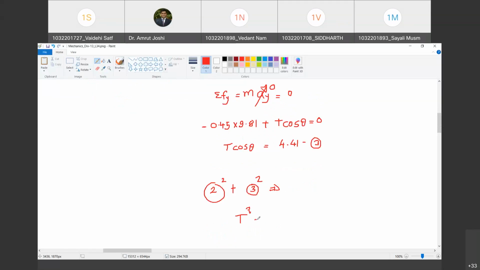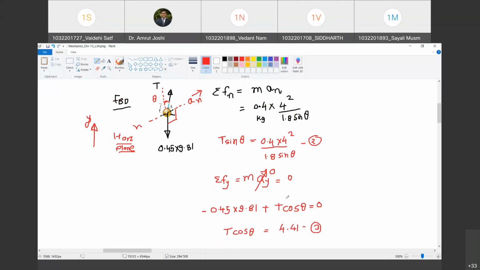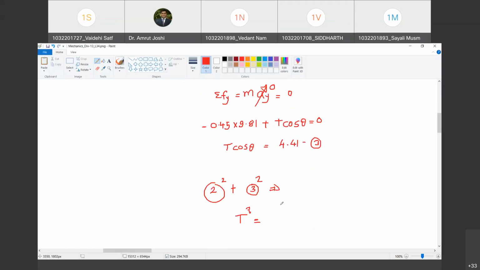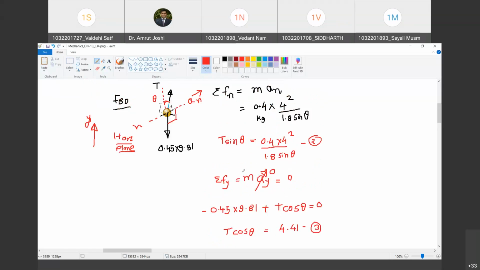And that will be equal to 0.4 into 4 square upon 1.8 sine theta, the whole square. Is it going to solve the problem? If I take this sine theta here, it becomes T sine square theta is equal to this much. What is the formula for sine square theta in terms of cos theta? 1 minus cos square theta. That's right.